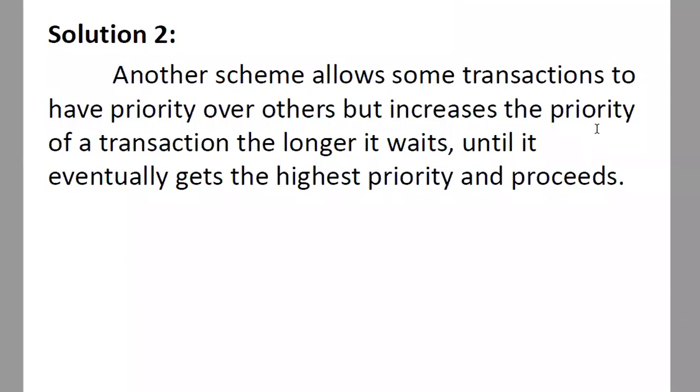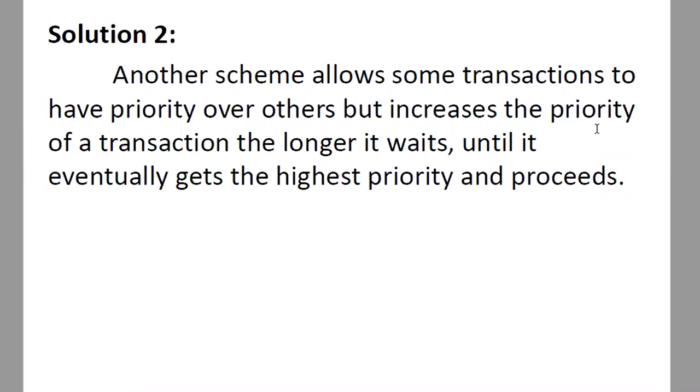Based on the priority, you keep on increasing it step by step, and once the priority reaches a certain limit, you allow that transaction that has waited a very long period to access the particular data item.